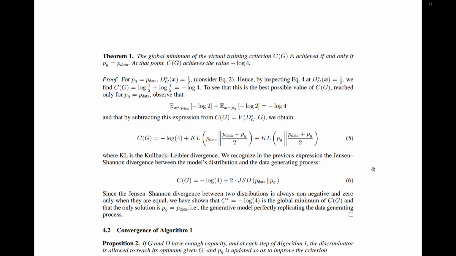The authors also have defined this C of G in terms of the Jensen-Shannon divergence, which is what we get here, where we have C of G equals negative log 4 plus 2 times the Jensen-Shannon divergence of p data with pg.